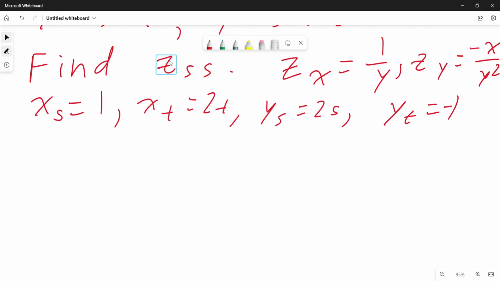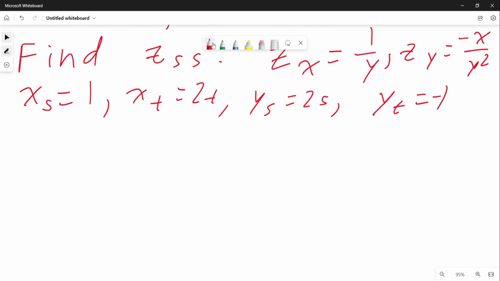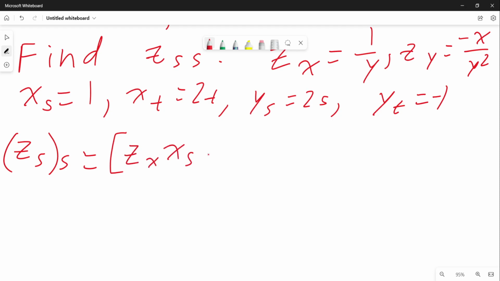So, we get z double s. We want to really be methodical about this. z double s is z s s. So let's do this inner one first. We know how to do that. So z sub s would be zx xs plus zy ys. I'm using the shorthand here because if I use the del symbols, this will get really messy.